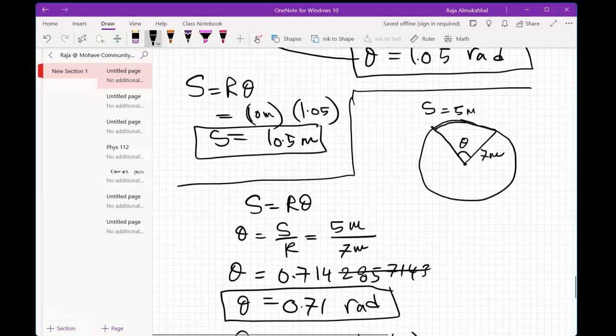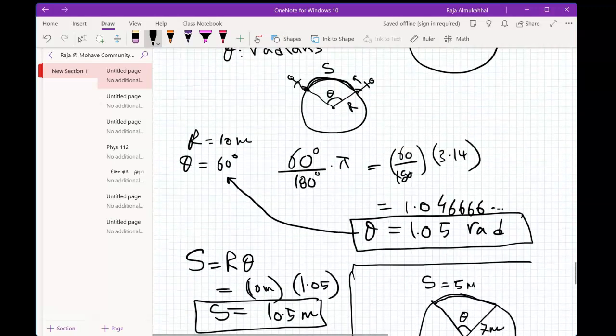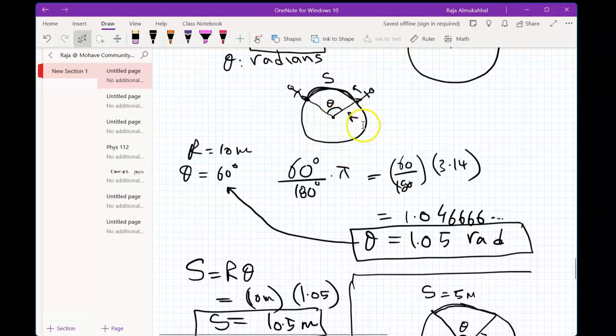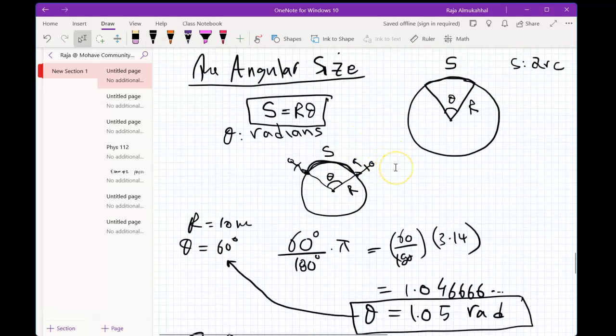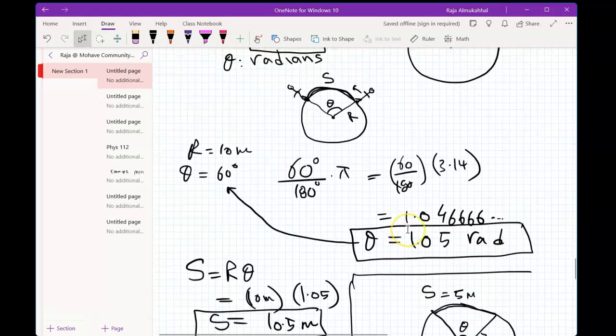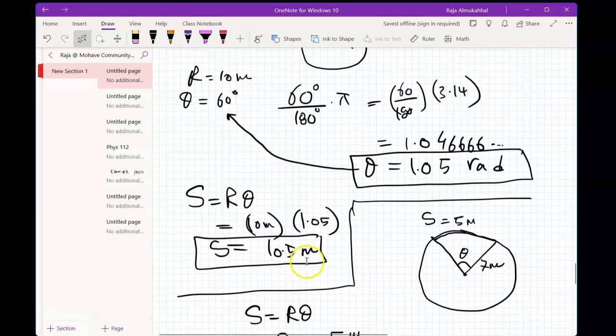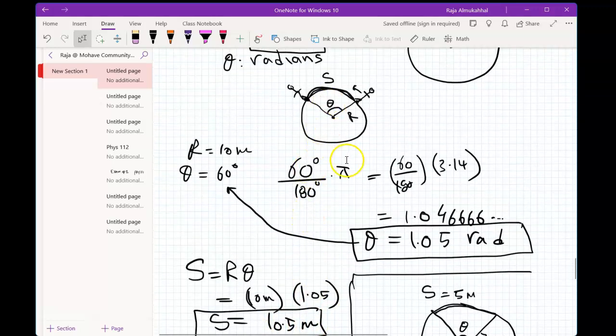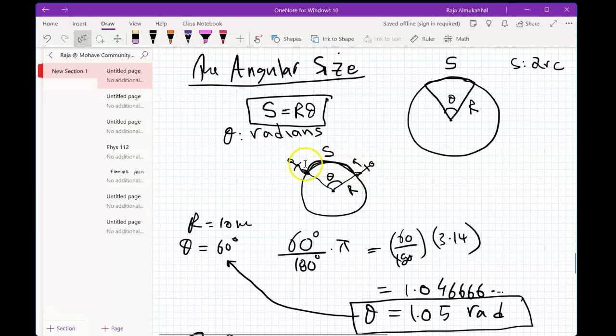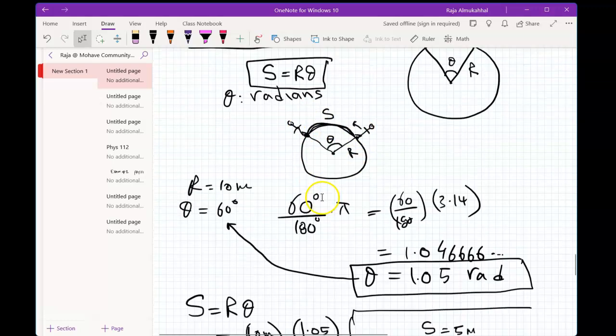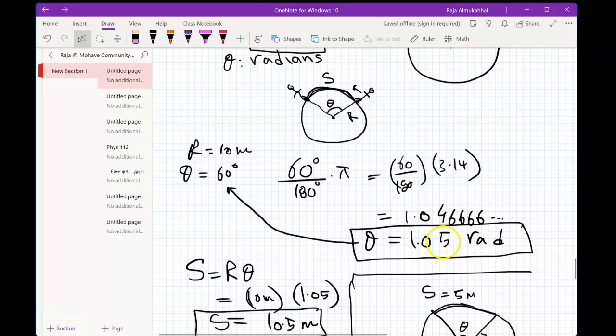So the reason I'm telling you this is because there is an equivalent way of speaking about somebody moving in a circular path. I can say this person is moving in a circular path with an arc length of 10.5, or we can say that person is moving in an arc with 1.05 radians, right here.